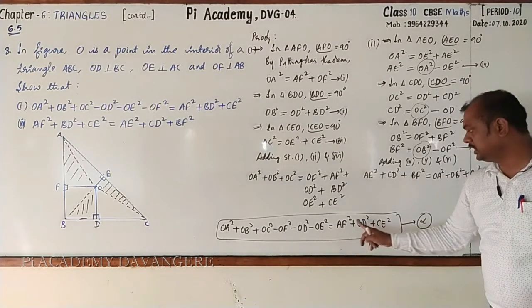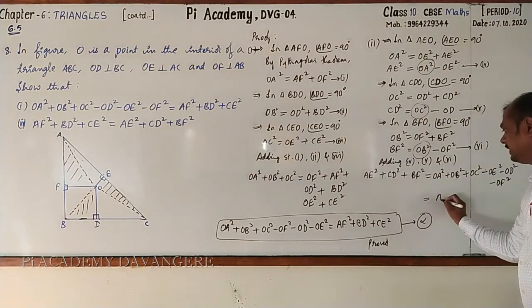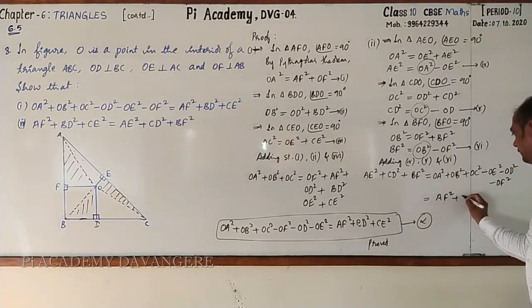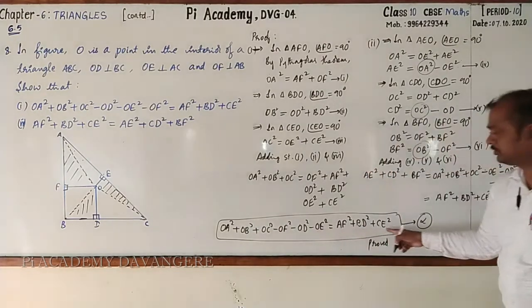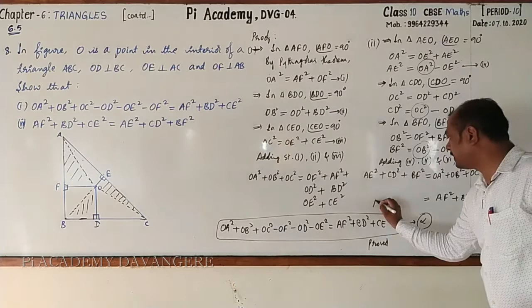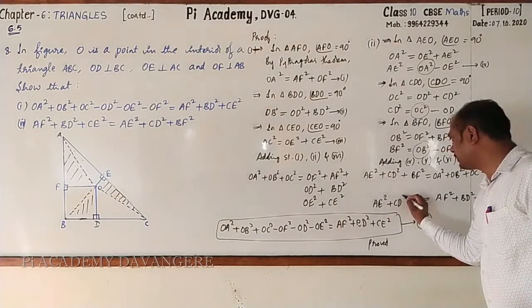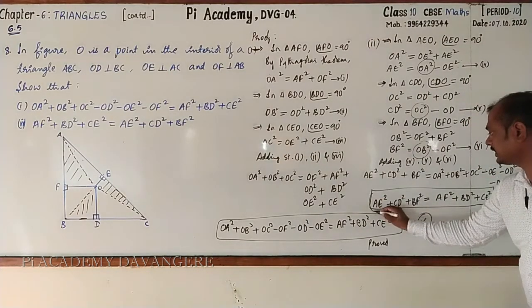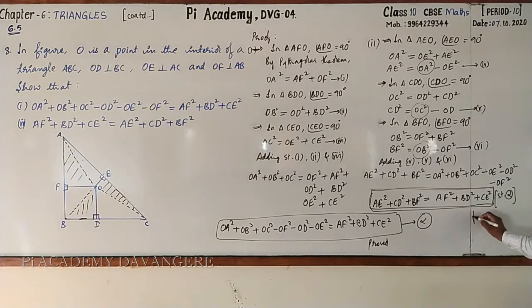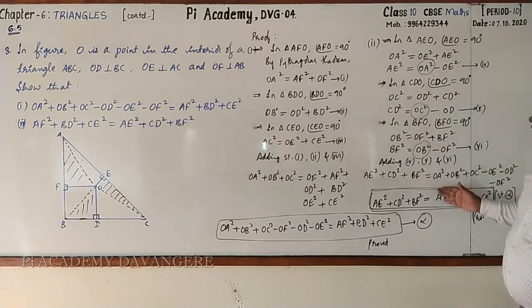It is AF square plus BD square plus CE square. This has been written from statement alpha. This much is equal to this. And the LHS part, AE square plus CD square plus BF square. Even the second statement is also proved. Let's hope that you have written with me. If not, just go for copy up to here.